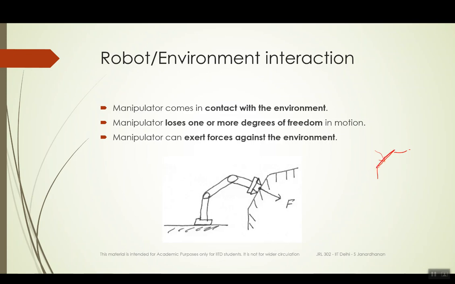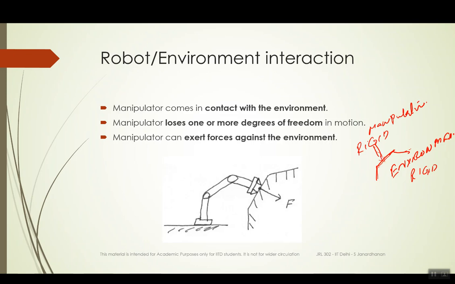First of all, let us assume the simplest case, that you have a manipulator that is completely rigid and an environment that is also rigid. So you have a rigid manipulator and the environment also being rigid.